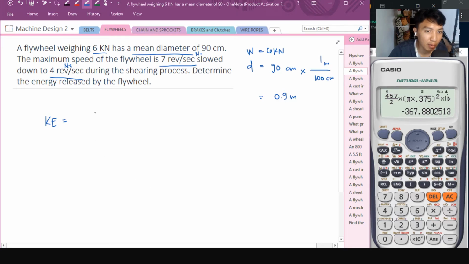Pwede ring positive to kahit magkabaliktad naman. So, this is weight over gravity. Weight over gravity. Still multiply by 1/2. Multiplied to pi d m.